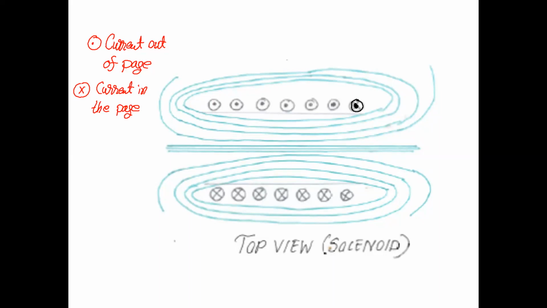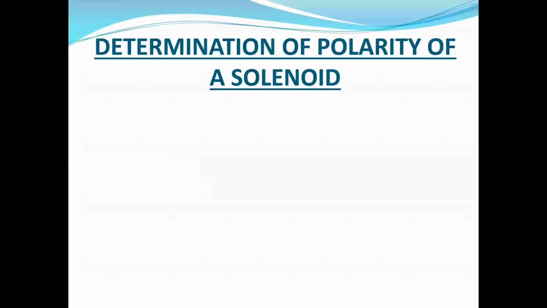This is the top view of a solenoid. If you view the solenoid from the top, it is on the table and you want to view it from the top, it is called the top view of the solenoid. So I'm putting the first concept for today, the determination of polarity of a solenoid. Give this heading.